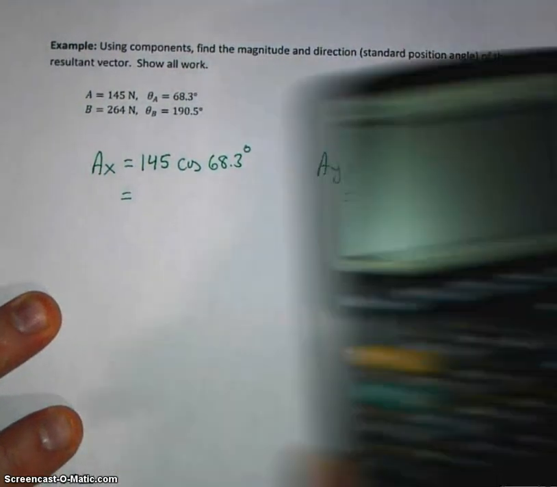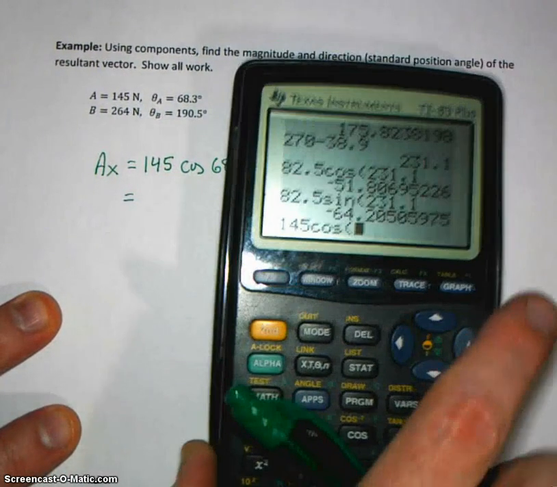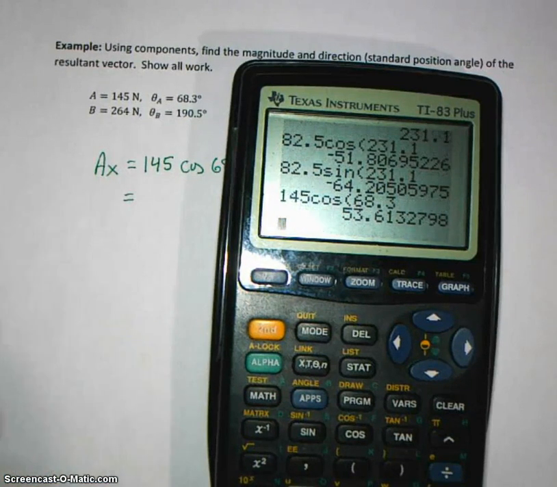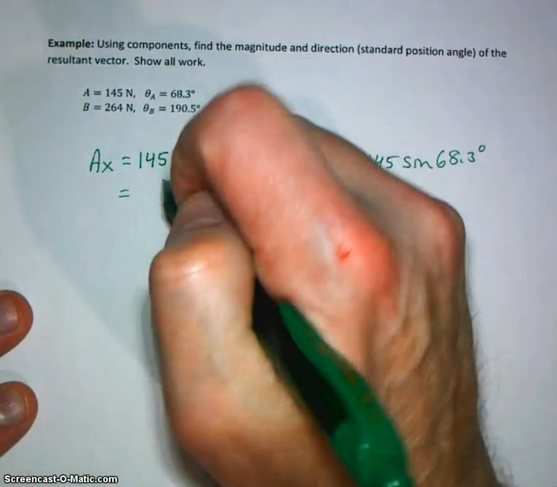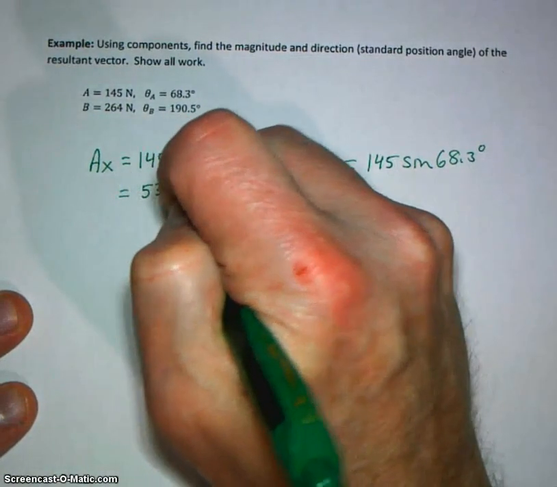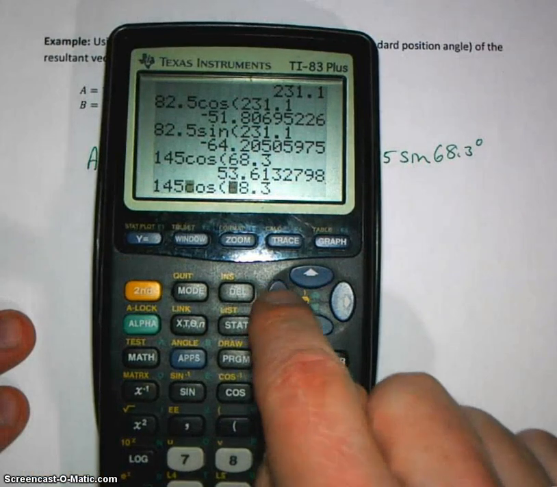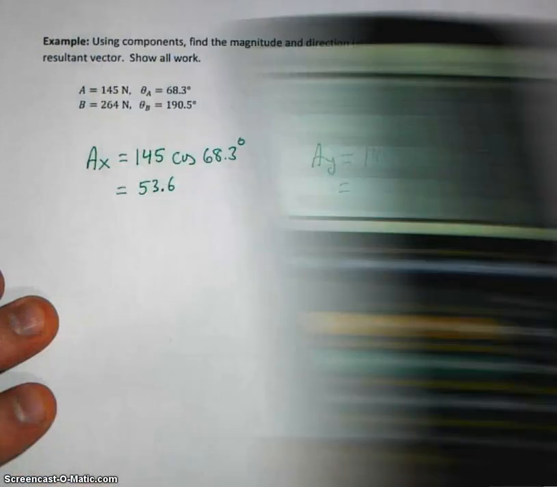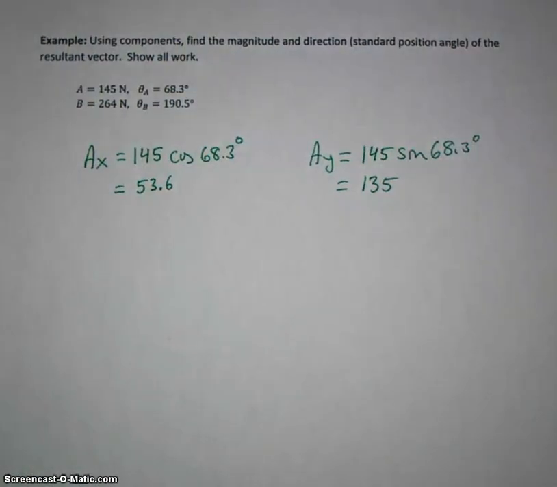I'm grabbing my calculator. 145 cosine 68.3. I'm going to keep things to 3 significant digits since that's what I have here. 53.6. Do the same thing over here. 135. All right, so there's Ax and Ay.